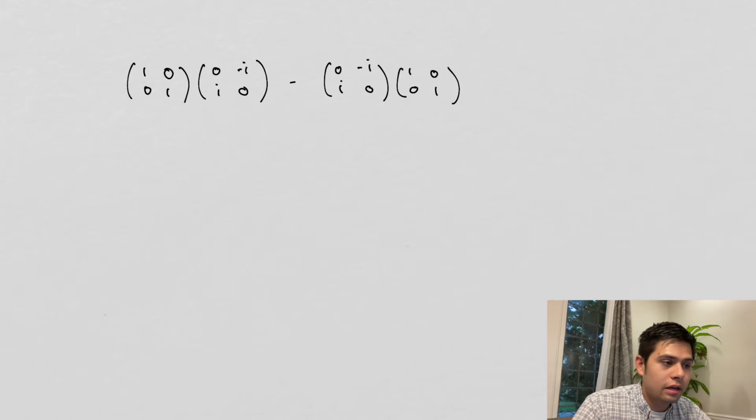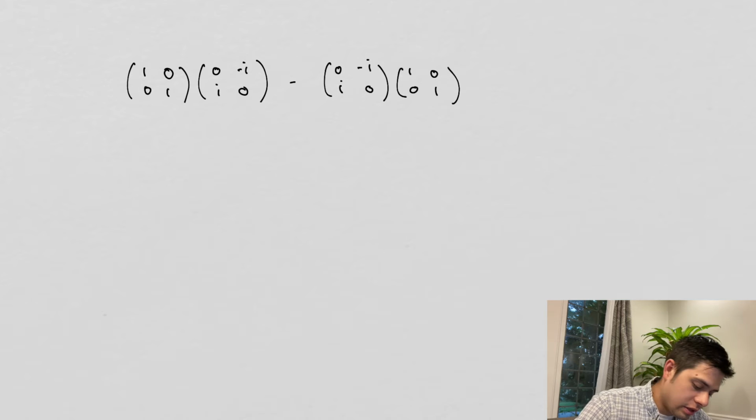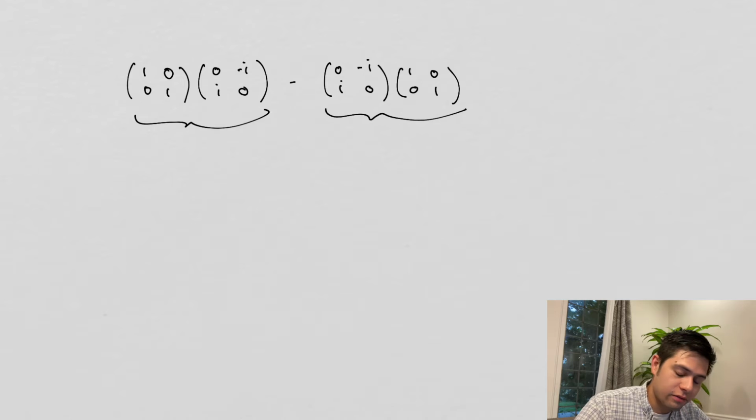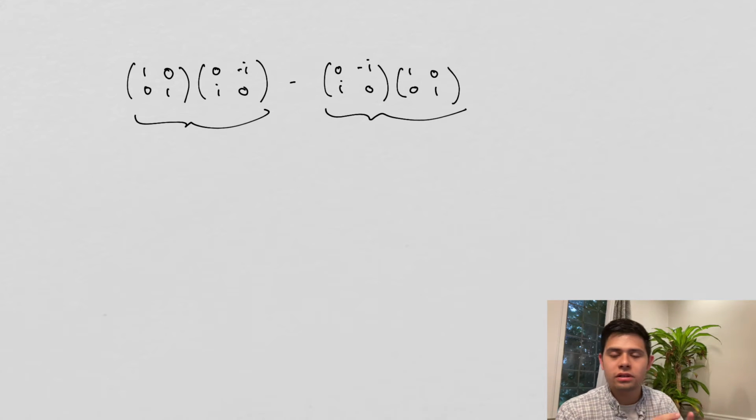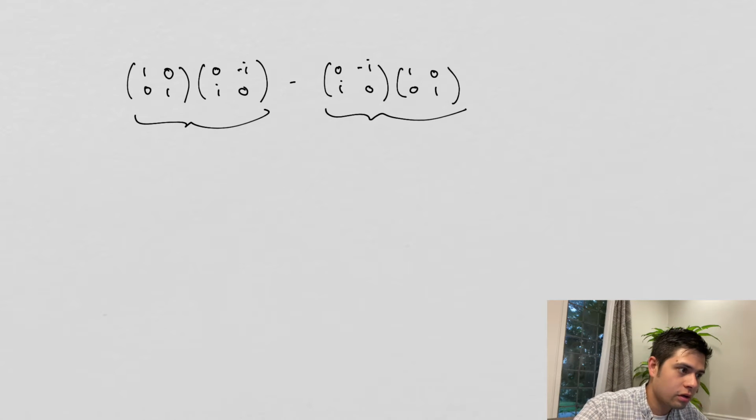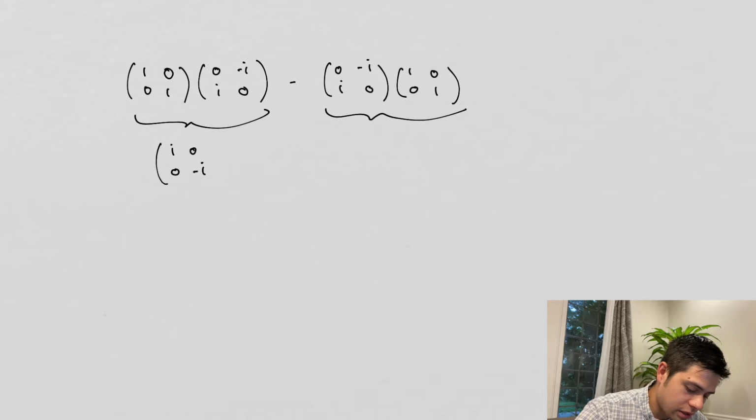If you remember anything about matrix multiplication in linear algebra, this isn't going to be a review of linear algebra, but what you'll get here is I 0, 0 minus I and minus negative I, 0 I.